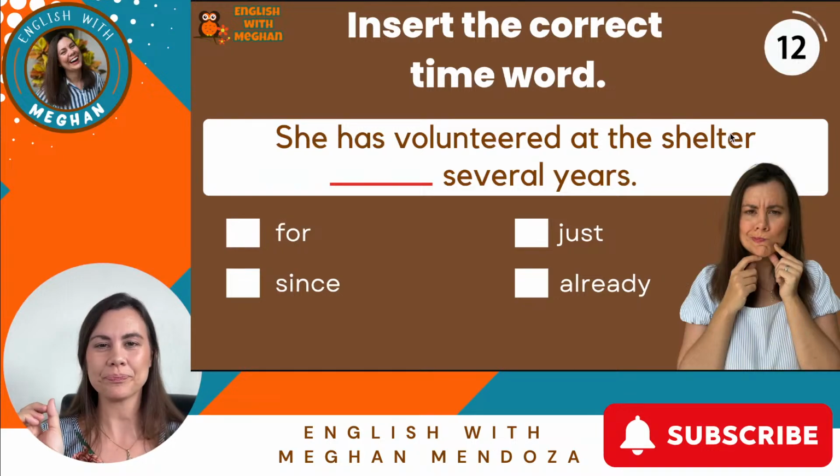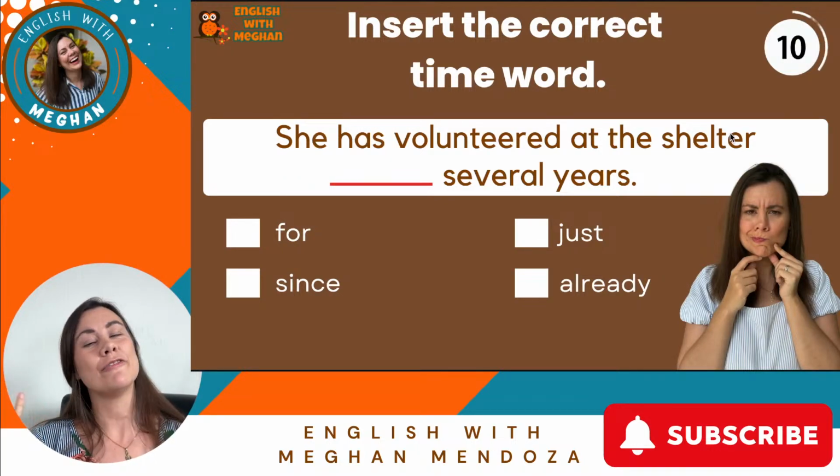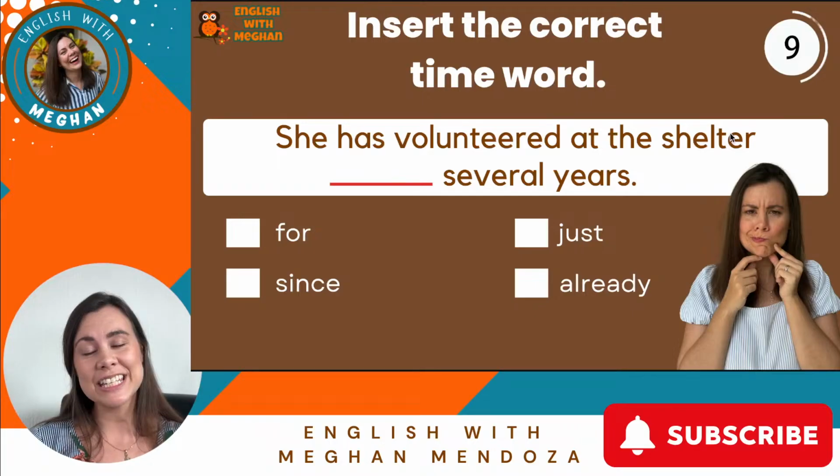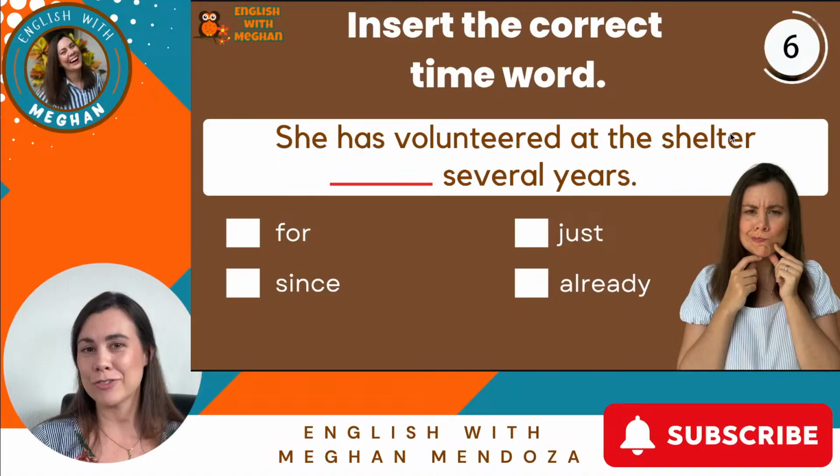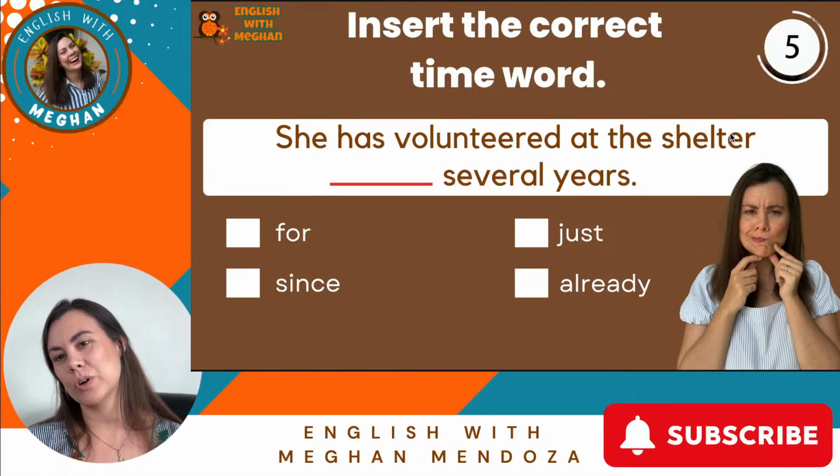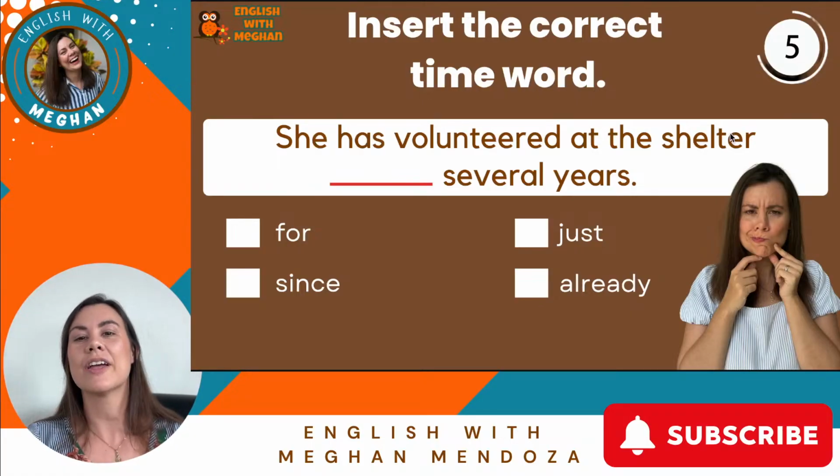All right. She has volunteered. Be careful of that V sound. I know if you're in India, you do have troubles with this sound, okay? A common mistake with the V is you use the W, right? Your lips are circled like a kiss. That's wrong. You want to use the V, okay?